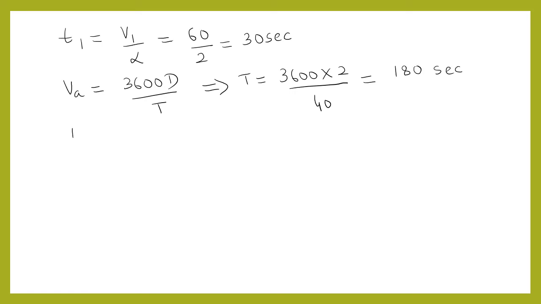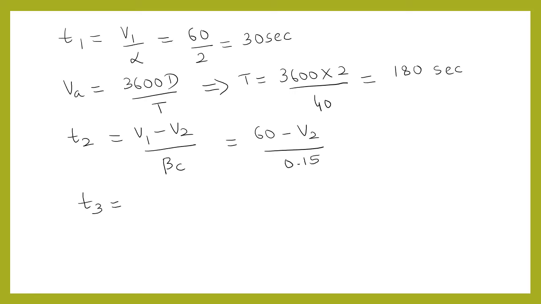So we have the time for coasting T2 equal to V1 minus V2 by beta C, that is equal to 60 minus V2 by 0.15. And we have time for braking T3 equal to V2 by beta, that is equal to V2 by 3.